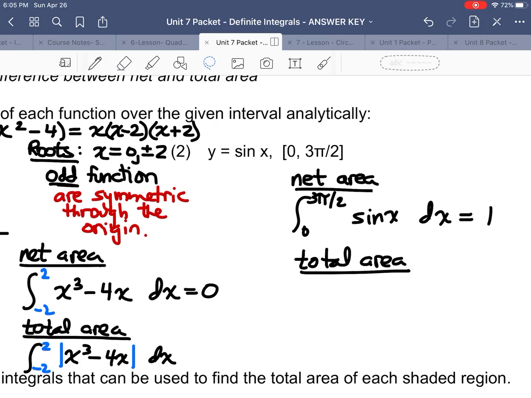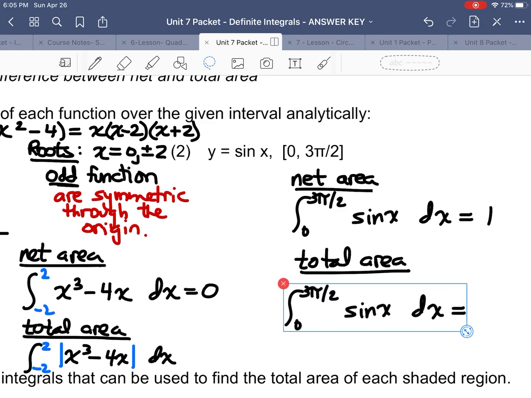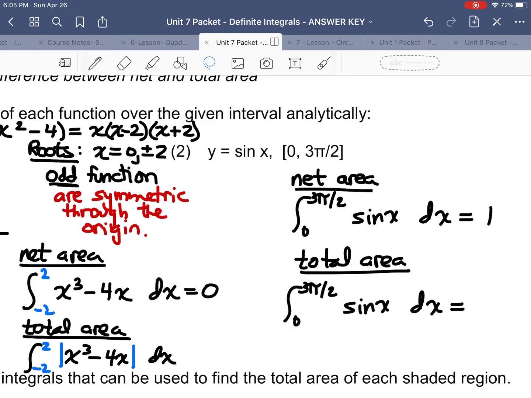Total area. But again, something that you could get right from your calculator, so I'm not overly concerned with that. Total area, this is where I get sneaky. Copy. Paste. And again, I'll just do a quick sine function just so you have it, so you don't have to refer back to the previous video.